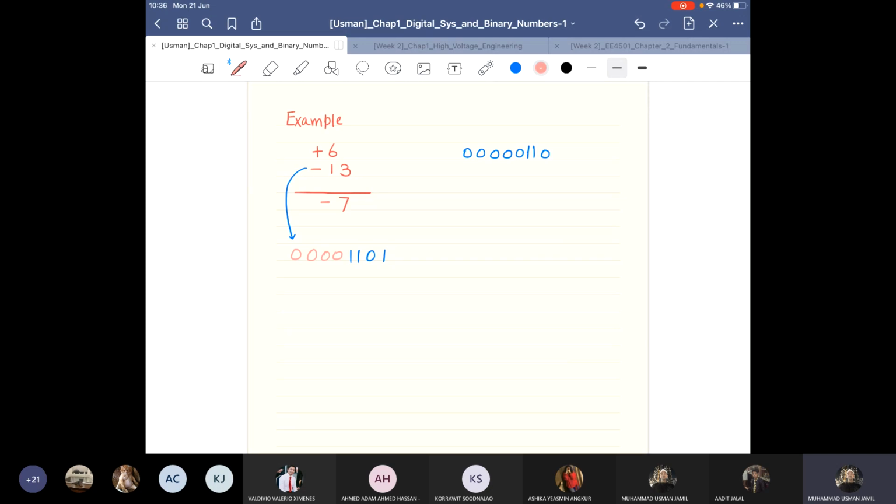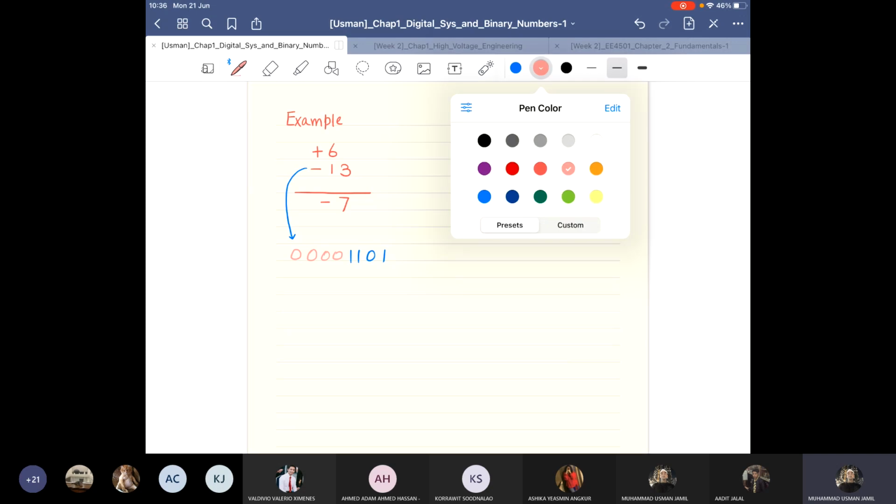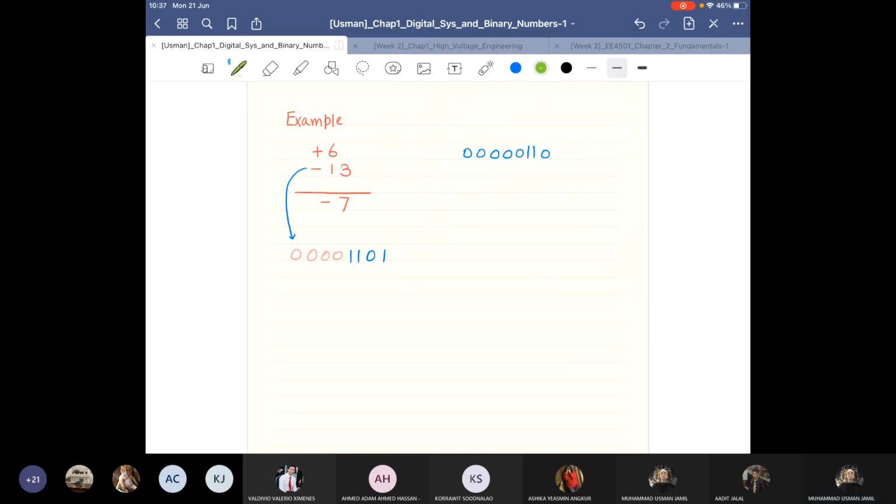First take the ones complement, because we want to find the two's complement. Ones complement is easy: 1 becomes 0, 0 becomes 1, 1 becomes 0, 1 becomes 0, and these four zeros become 1, 1, 1, 1.